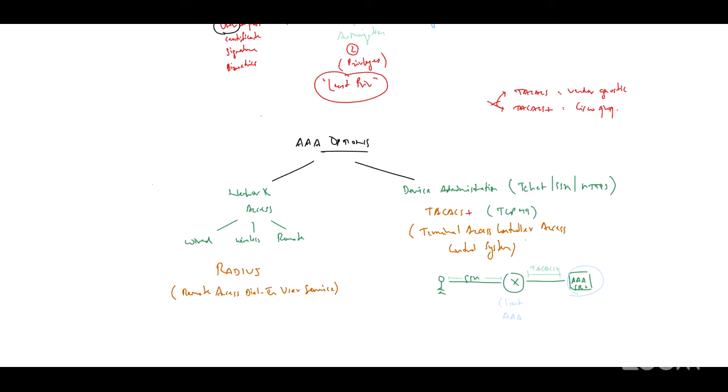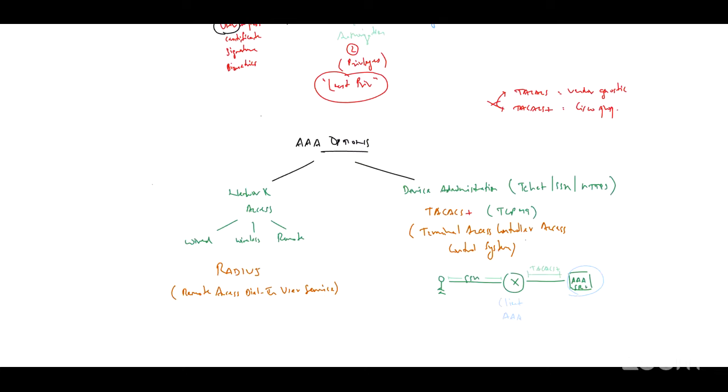The client always initiates the communication with the AAA server. Always. There are exceptions to it, in some cases, which I'll explain, where the AAA server will initiate the communication. But it happens in very specific cases to solve some problems, which I'll explain.